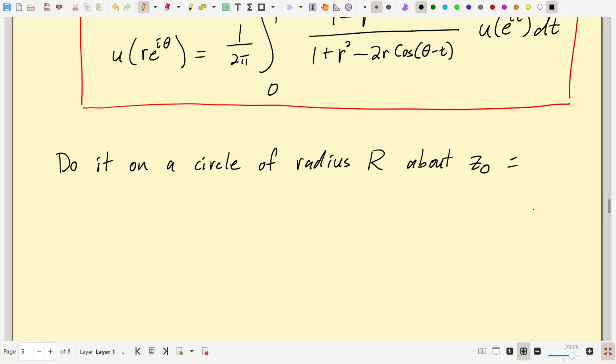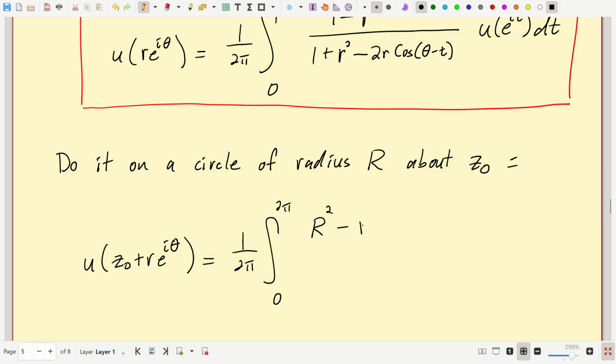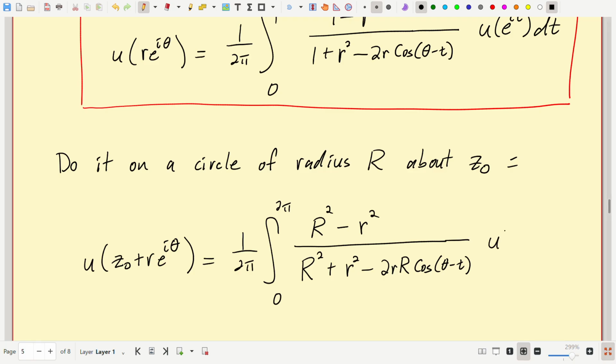Then you get the formula u at z naught plus r e to the I theta is equal to 1 over 2 pi. Very similar looking formula, except in place of 1, you have capital R. So you have capital R squared minus little r squared, and you have capital R squared plus little r squared minus 2Rr cosine theta minus t. And now on the boundary, you'd have u of z naught plus R e to the it.